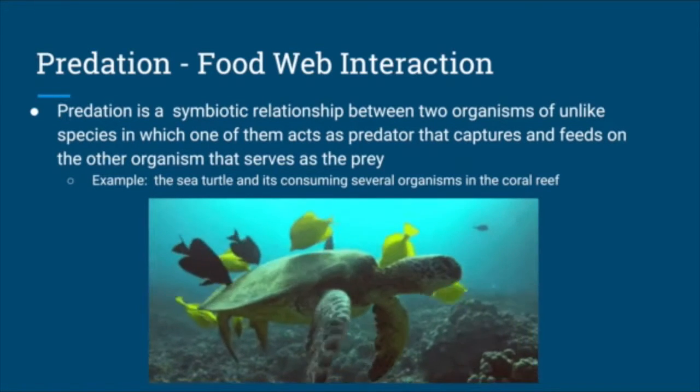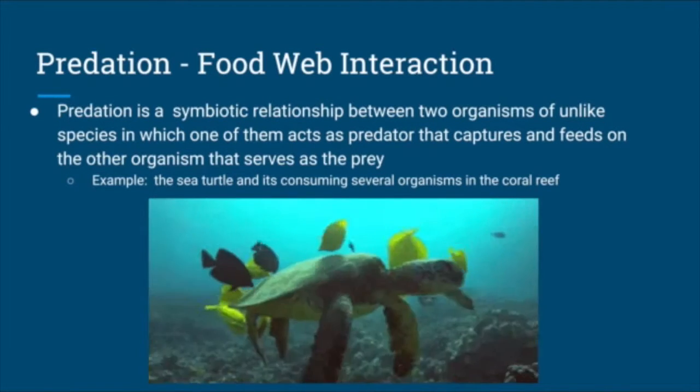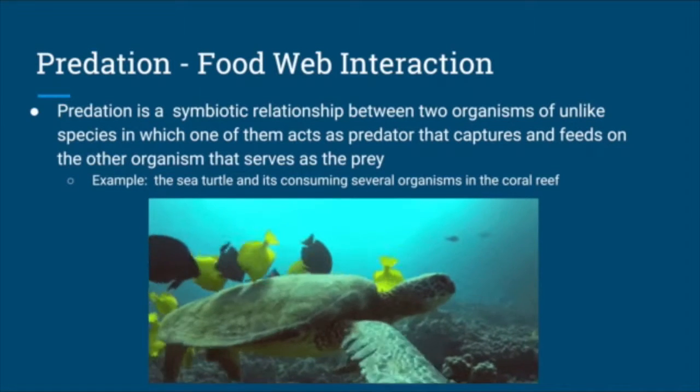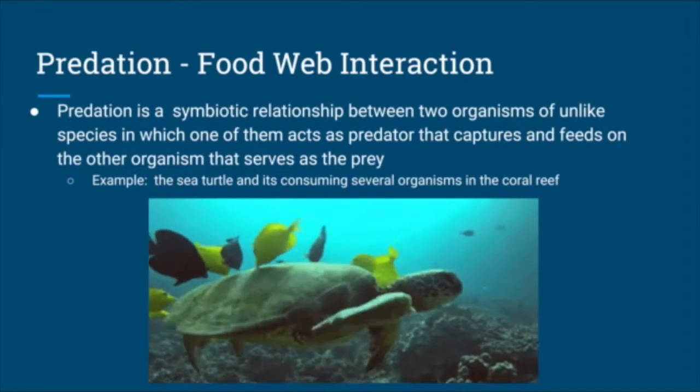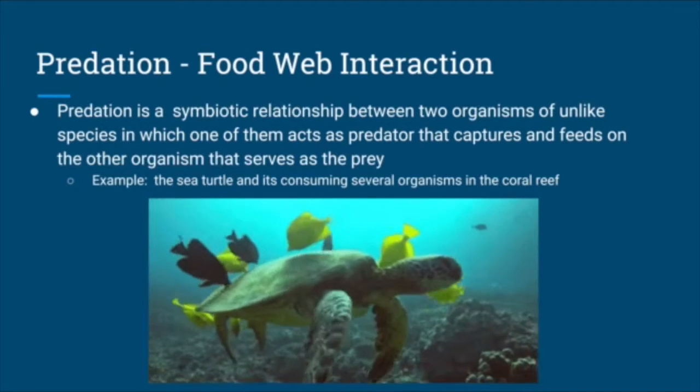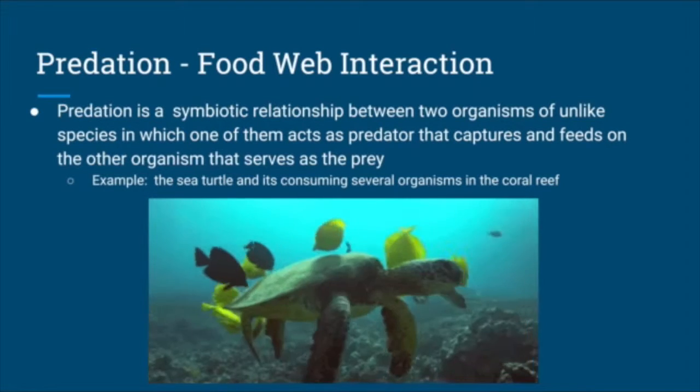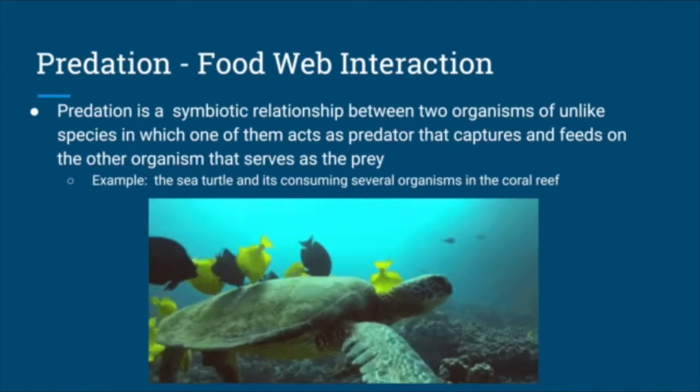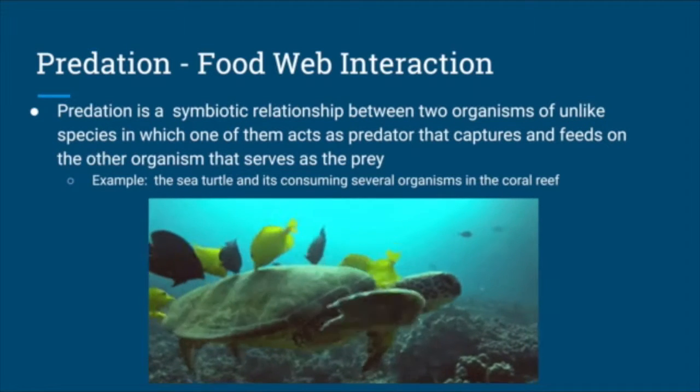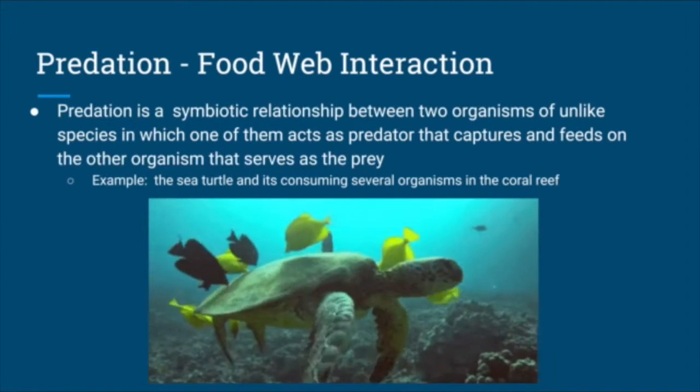Predation. Predation is a symbiotic relationship between two organisms of unlike species in which one of them acts as the predator that captures and feeds on the other organism that serves as prey. An example of this is the sea turtle, and it's consuming several organisms in the coral reef.